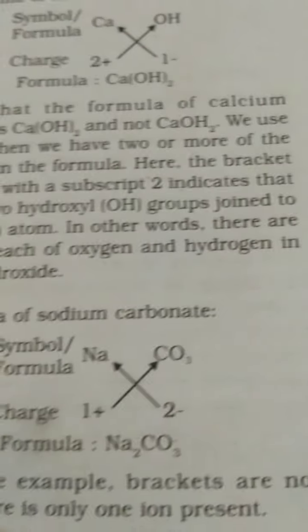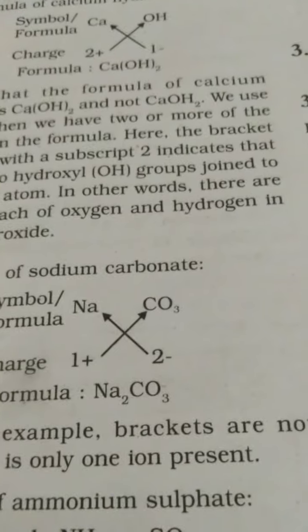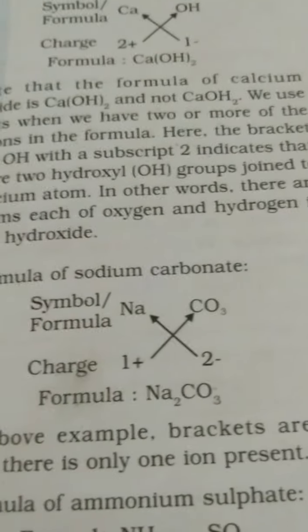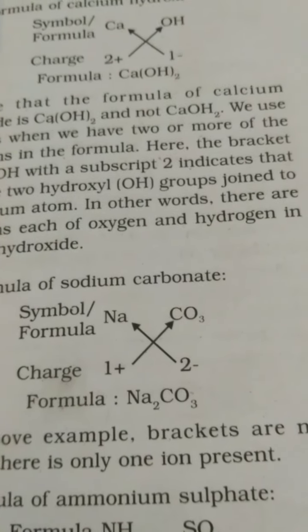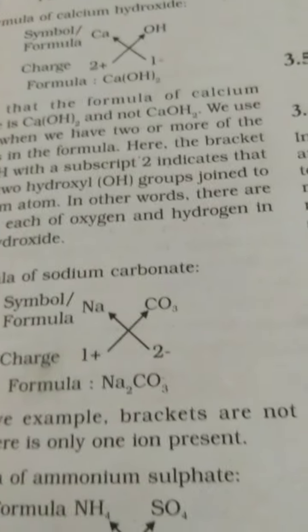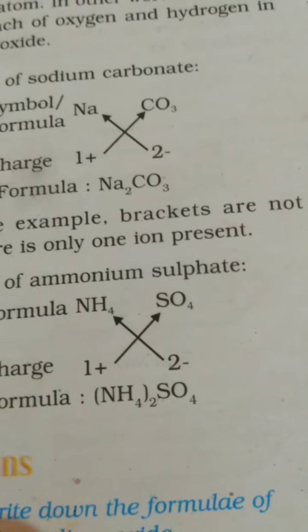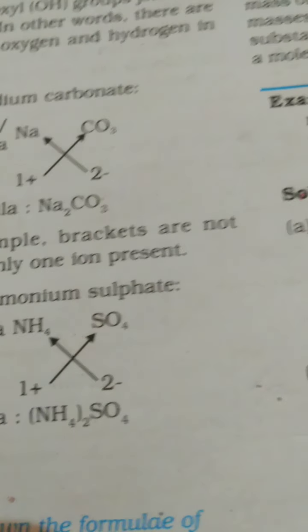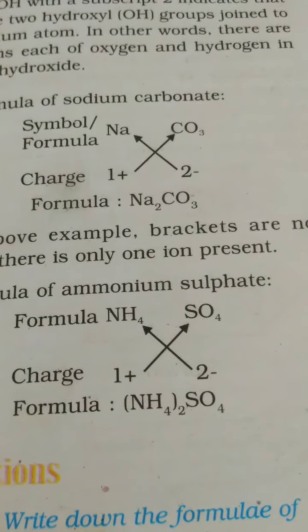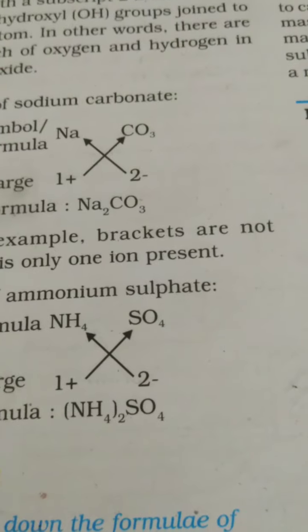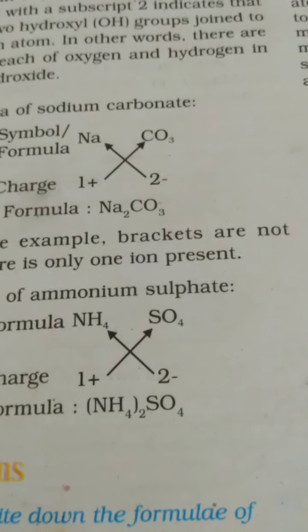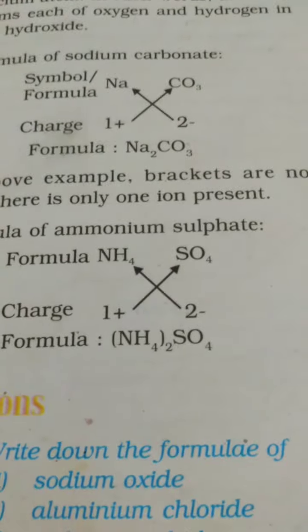Like here, this is also a compound of polyatomic ion, but only the anion was polyatomic, the cation was just monoatomic. But what will happen if we have both cation and anion polyatomic ion, like ammonium ion, positive radical, and sulfate ion, negative radical, and positive radical ammonium ion is monovalent, and the negative radical sulfate ion is divalent. So what is going on here?